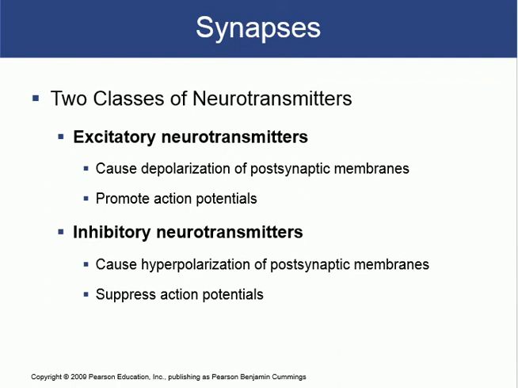How about this? Another neurotransmitter comes and reacts with another receptor, and instead of opening the gates for sodium, it actually opens the gate for potassium. Is that going to cause depolarization? No, it's going to do the opposite, which is hyperpolarization. So this is the inhibitory neurotransmitter.